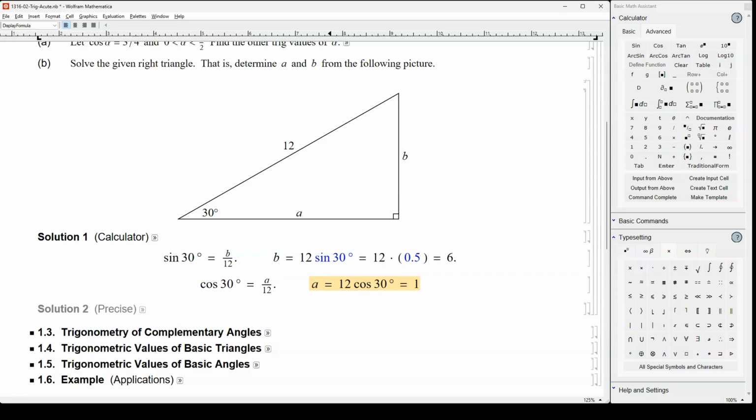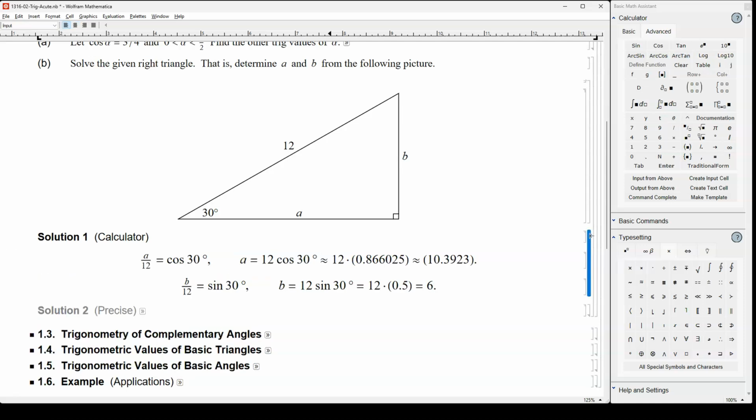And what is cosine of 30 degrees? If you punch it in the calculator, you're going to get 0.86 something. Yeah, that's what I got when I use my calculator. This turned out to be 0.866 something, and then in the end we get something like this.